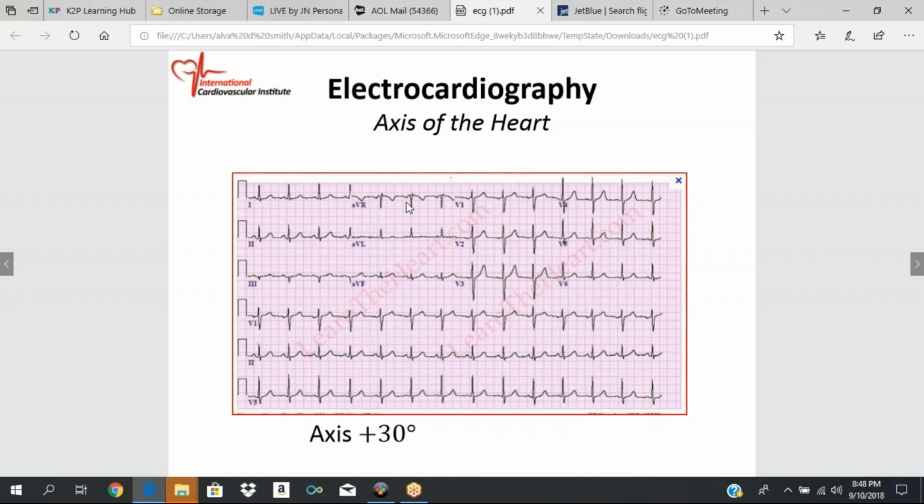Remember, it is positive AVR which is minus 150, because AVR is pointing downwards. AVR is a negative electric current. It's negative. It's below the baseline. So this is not positive AVR. This is negative AVR. All right, let's go back to our cheat sheet.